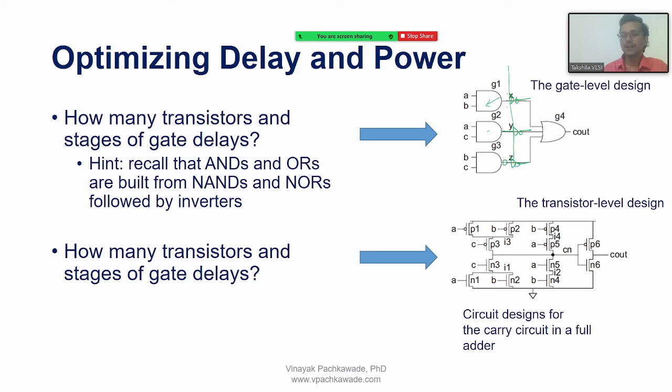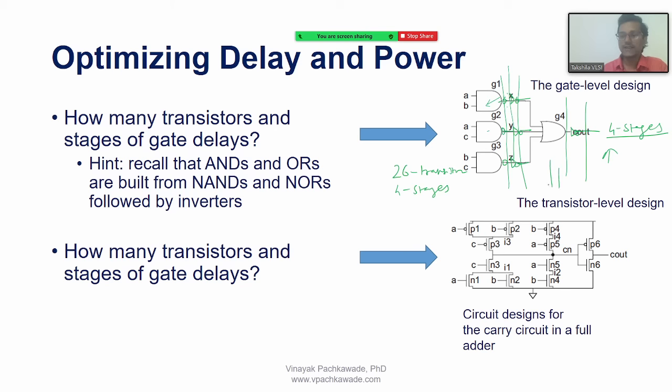So I am drawing this circuit: first, then second, then again here third, and then fourth. 4 stages. Are you following me? Yes, sir. Right. So 26 transistors total and 4 stages of delay. Obviously, the speed we will see.